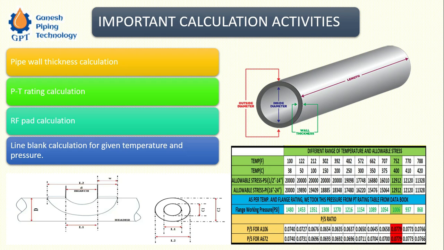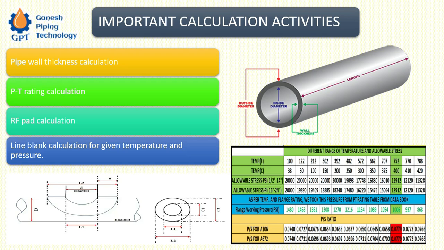So what is pressure temperature rating? For example, if we have calculated the thickness of the given pipe, then we also have to identify the flange corresponding to that given thickness, and flanges are never classified based on the thickness, they are classified based on the rating.